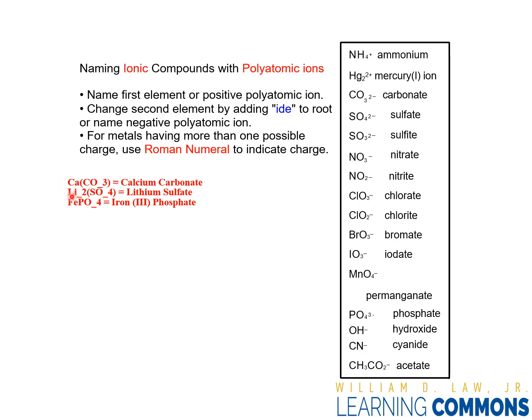But here carbonate has more oxygen, and the lithium sulfate has more oxygen, and the iron 3, this is the oxidation number, and phosphate has more oxygen attached with the phosphoric group, and so on.